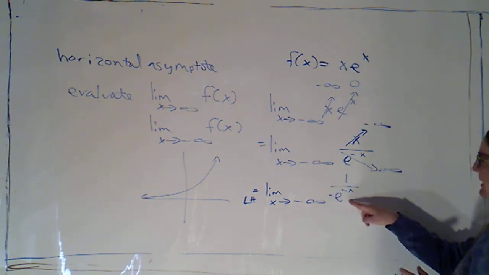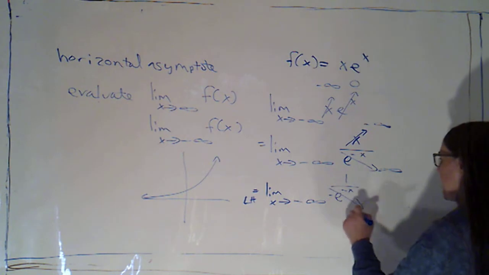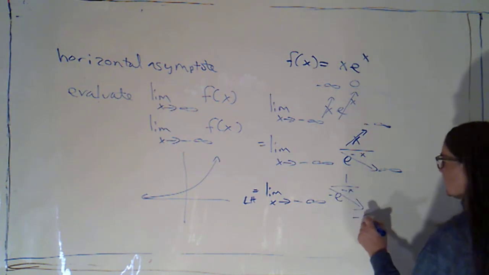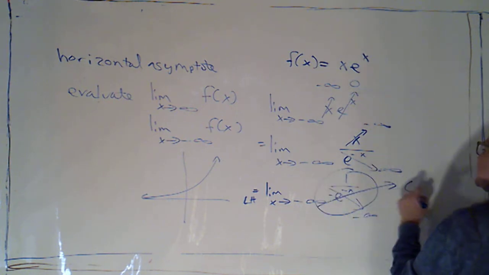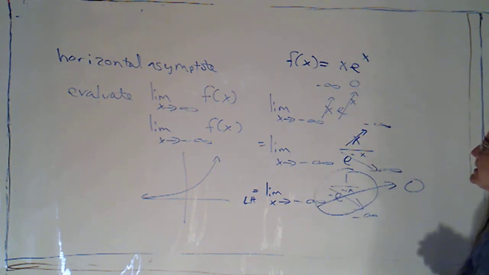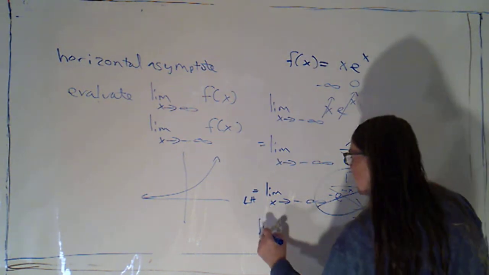E to the negative x was going off to infinity, so the bottom's going to negative infinity, which means the entire fraction is going to 0. So this limit is 0.